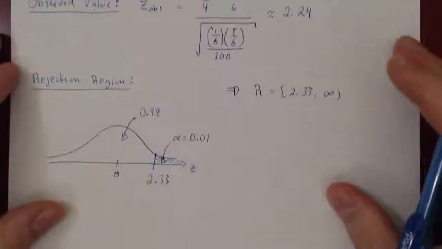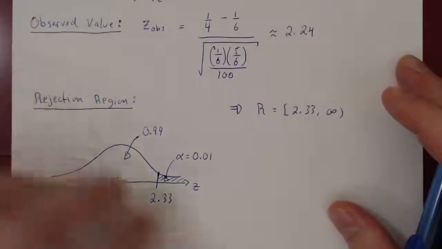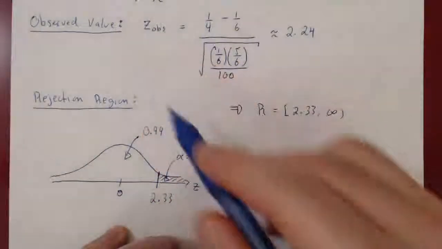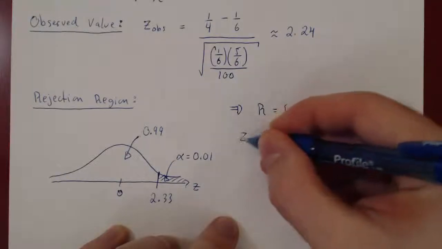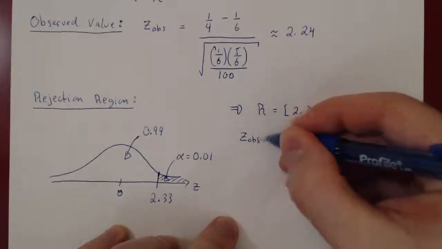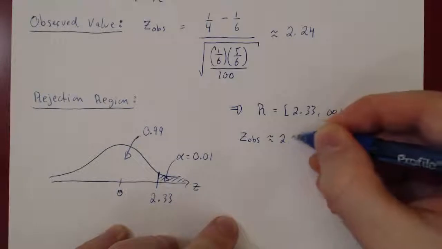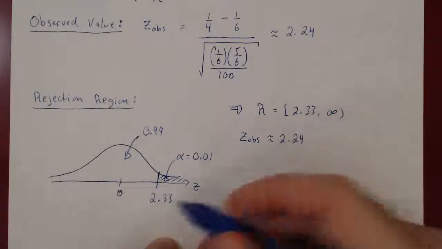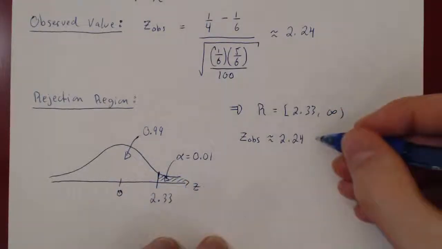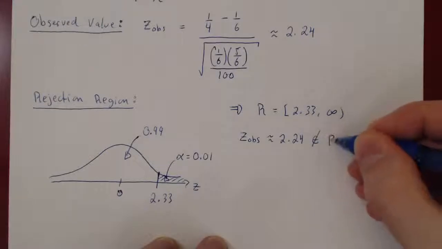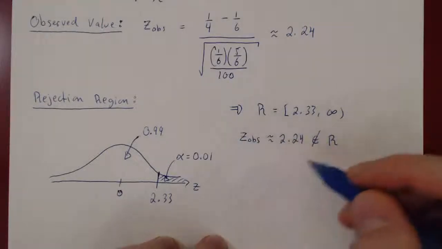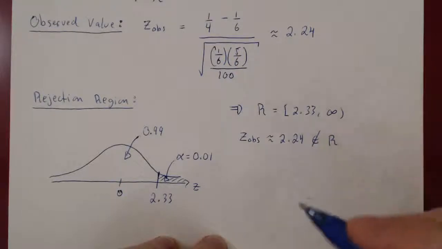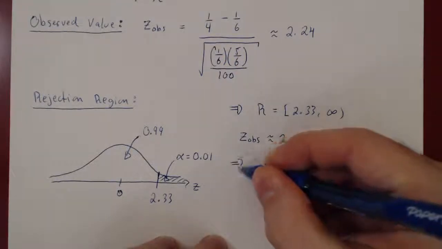And as always, we ask, will we observe a statistic that is inside or outside of the rejection region? Well, our observed value for z was roughly 2.24, which is actually outside of the rejection region. So, because our observed z-score is outside the rejection region, we do not reject H0, so we accept it.